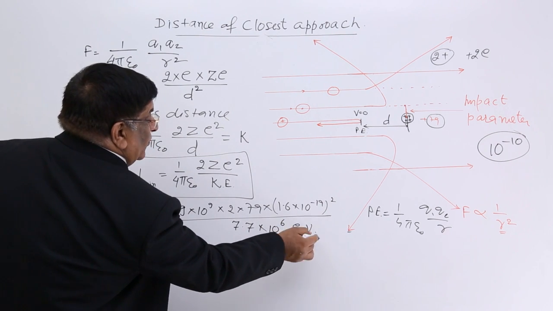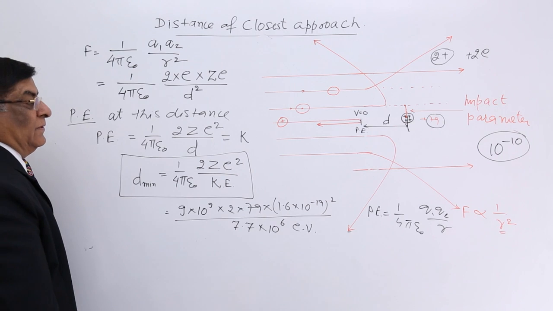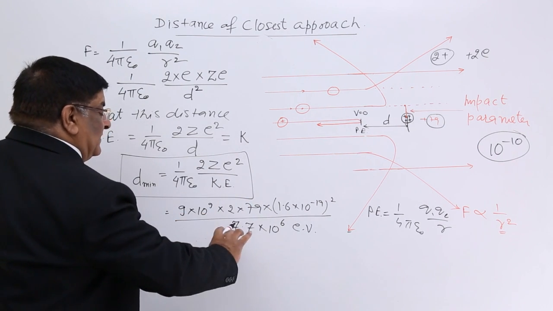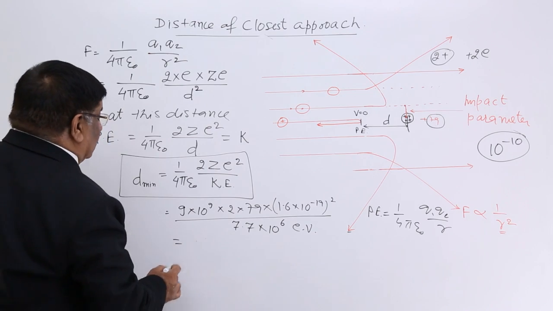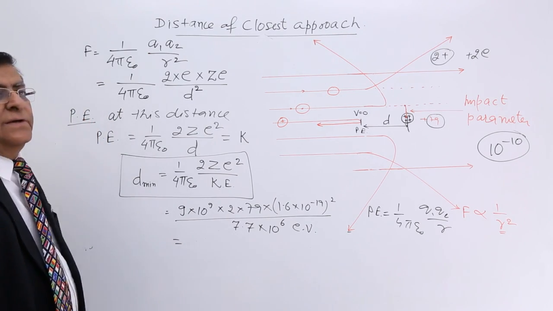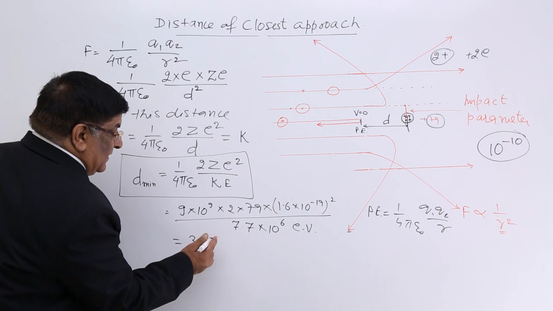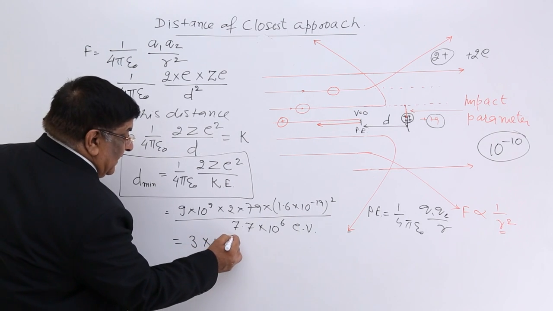And this electron volt we will convert to joule. We know the formula how to convert it into joule. So we do all this calculation, and after doing this calculation we find that d minimum comes to 3 into 10 to the power minus 14.